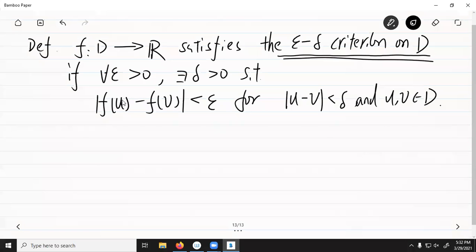How close? The difference is less than epsilon, right? So here is the math language for this epsilon delta criteria. We use this inequality to represent the closeness of two quantities.